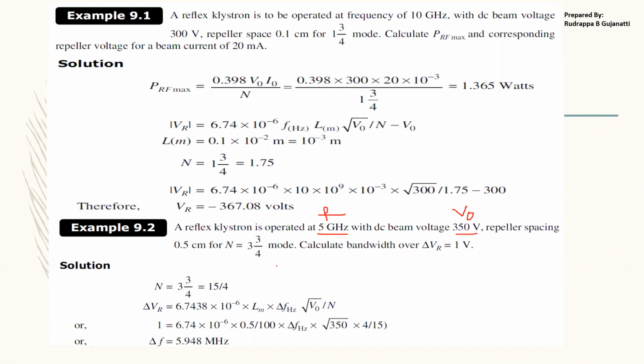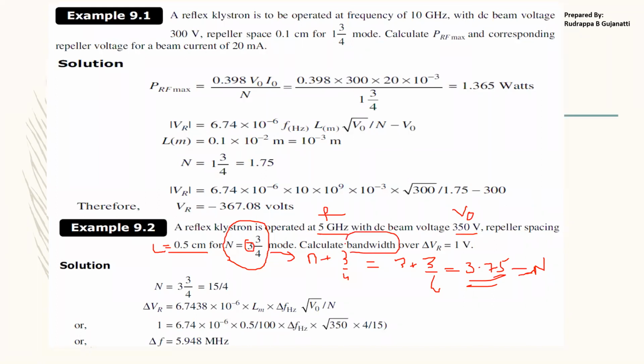This is the beam voltage, and this is the length of the repeller space, and the mode of operation is n equal to 3/4. So when I take it, it will be n plus 3/4. In this, the value of n is 3, so it is 3 plus 3/4, which is equal to 3.75. So this is the value of capital N.